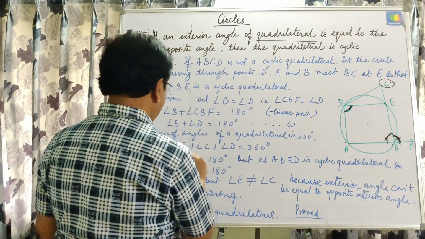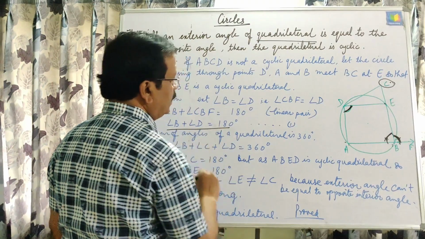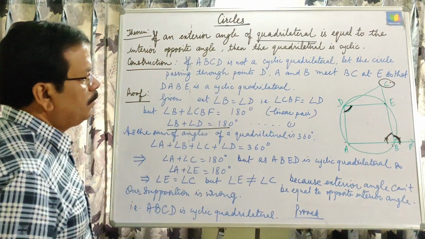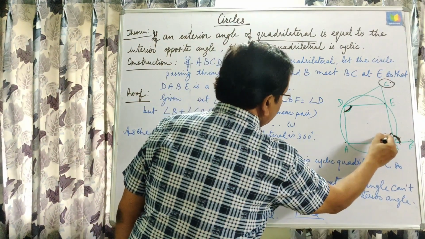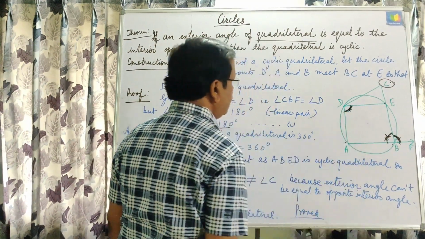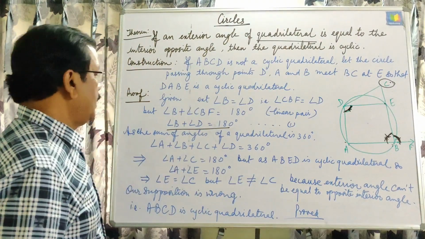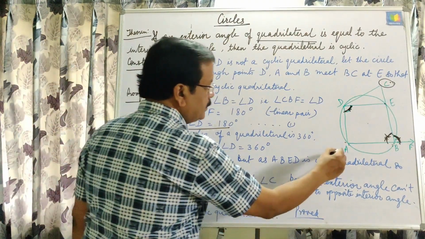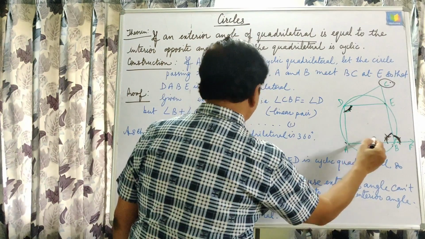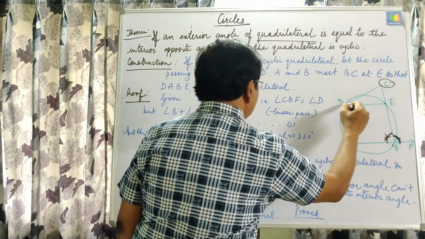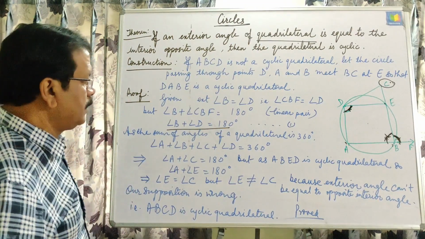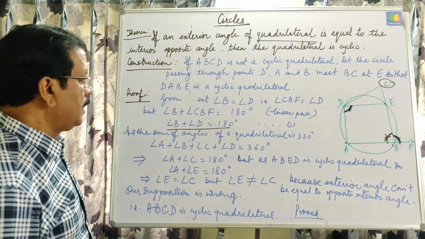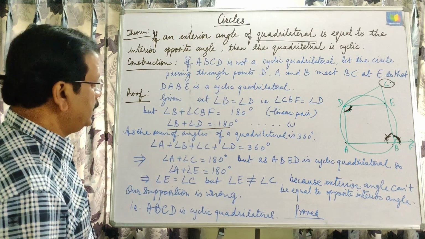Here angle B plus angle D is also 180 degrees, which means the sum of these two angles is 180 degrees. Now for this quadrilateral, angle A plus angle B plus angle C plus angle D is equal to 360 degrees, because in any quadrilateral the sum of all interior angles is 360.